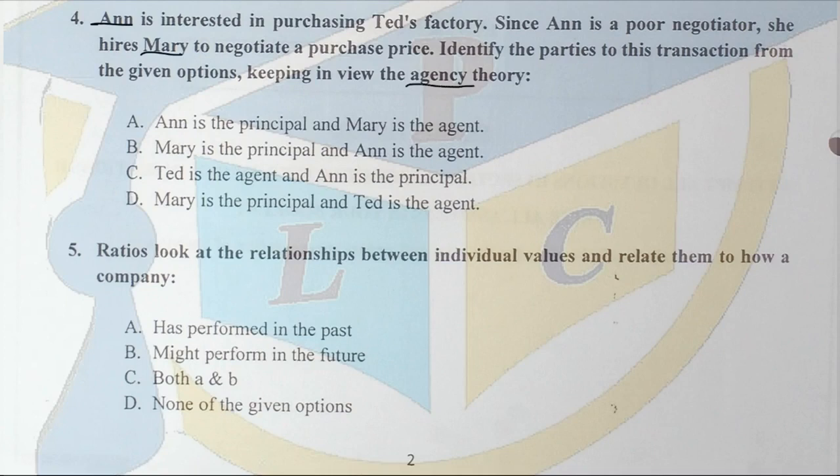The agency theory says that we have three parties: the principal, the agent, and the third party. The agent acts on behalf of the principal in dealing with business or a transaction.